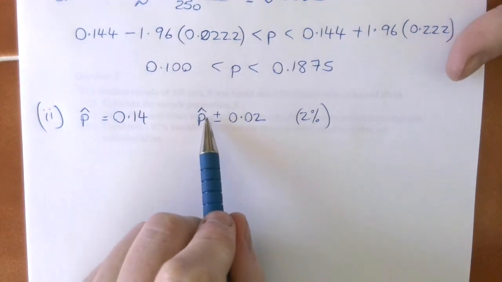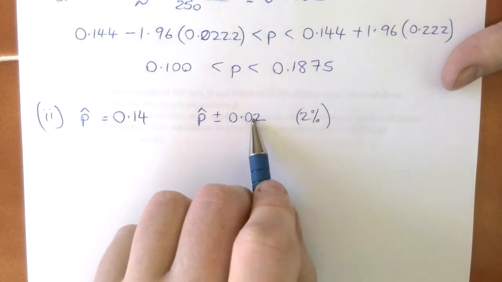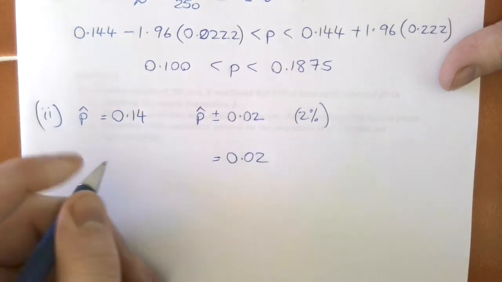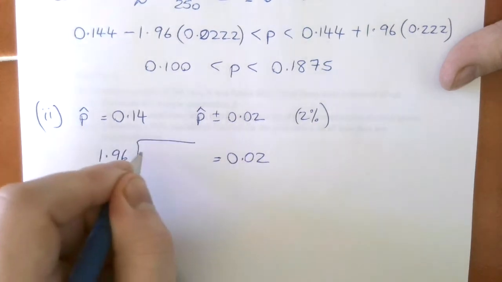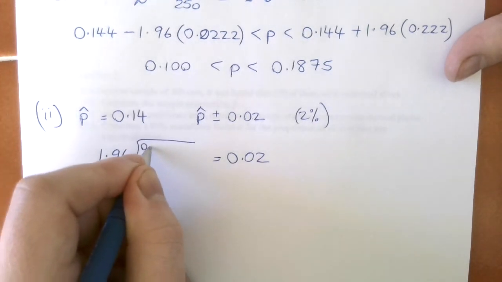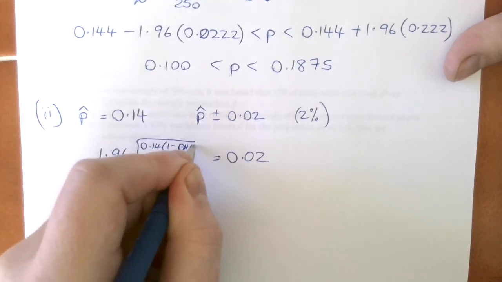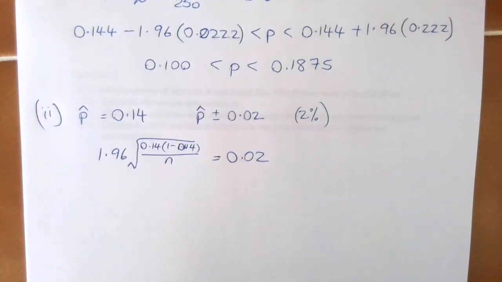So it's going to be the sample proportion plus or minus 2% we're looking at here. So that 2% is equal to 1.96 by the square root of p, which is 0.14, by 1 minus p, which is 1 minus 0.14, and that is all over n, which we're actually looking for.